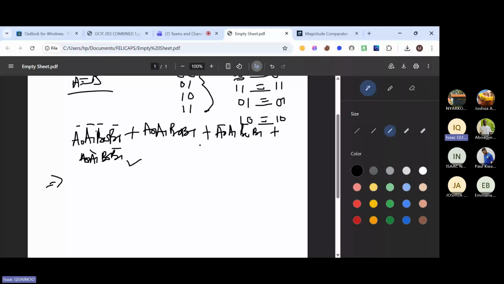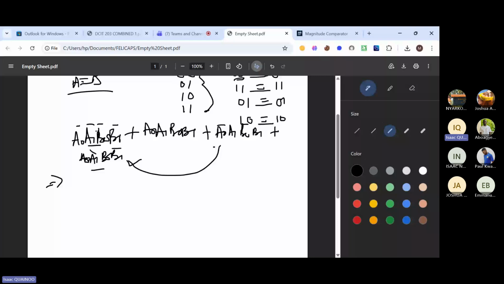So let's take this. We have A0, A1 prime here. Here we have B0, and here I think we have B0, B1 prime, right?